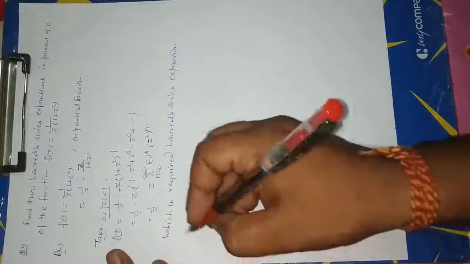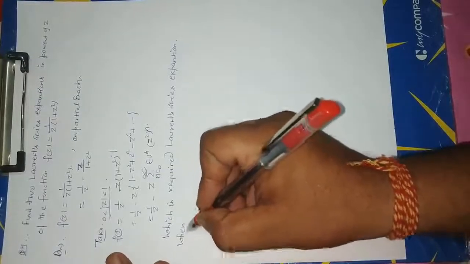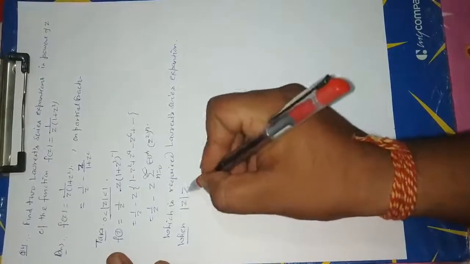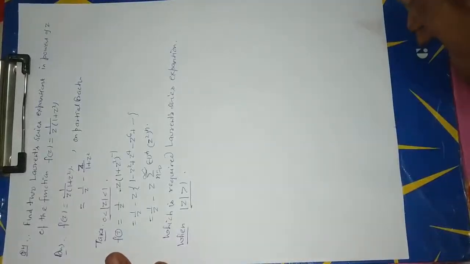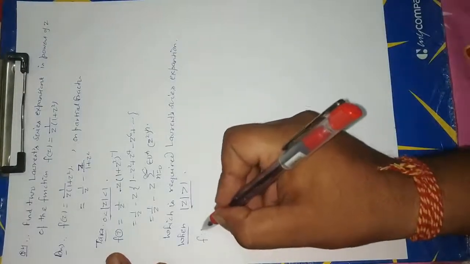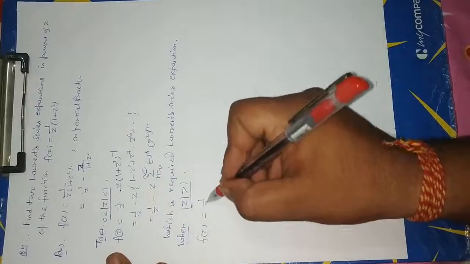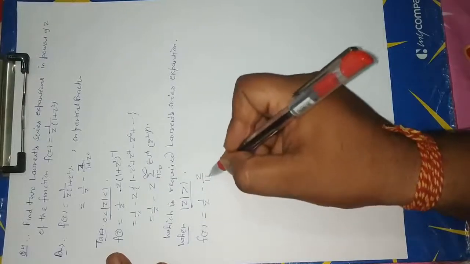Now take second region modulus z greater than 1, then f(z) equal to 1 upon z minus z upon 1 plus z square.